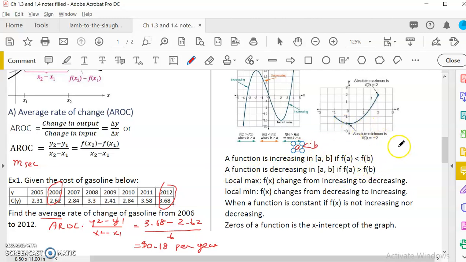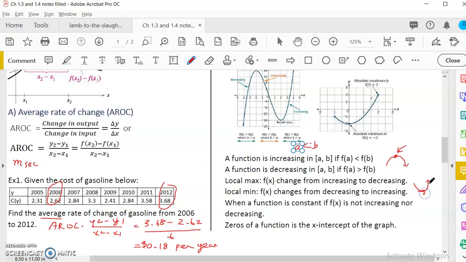It drops, right? And the local max and local min are where the function value changes from increasing to decreasing. At that point, it is a local max. And the local min is when it was decreasing and then changed to increasing.